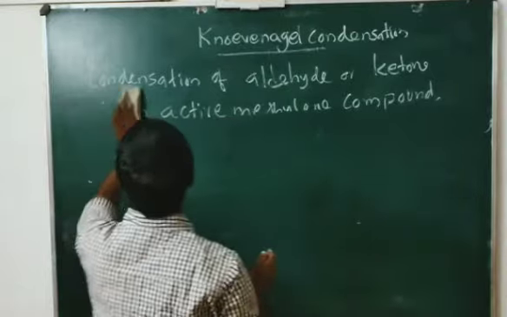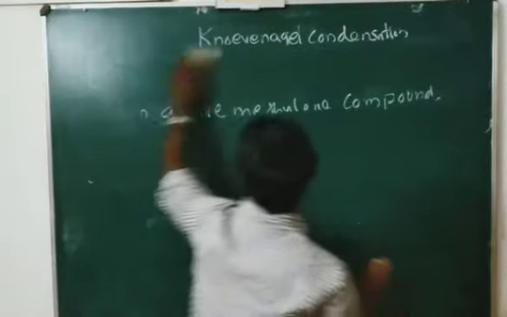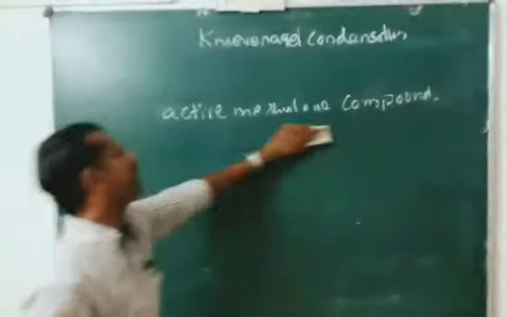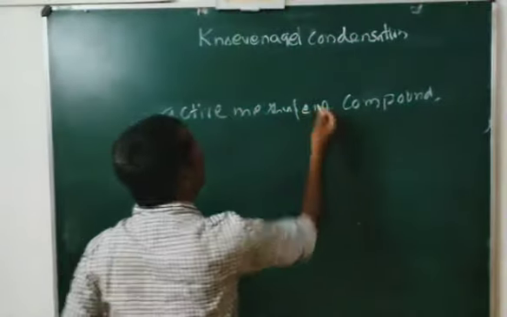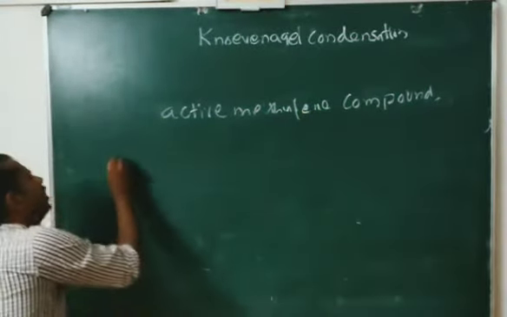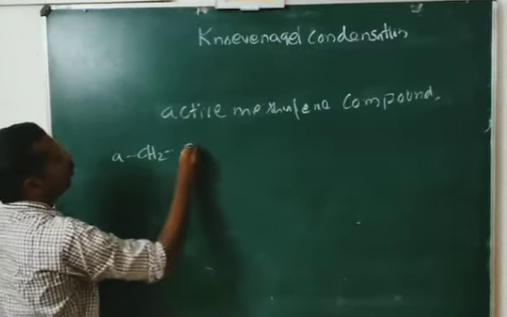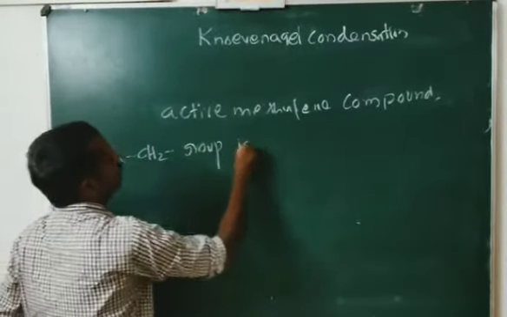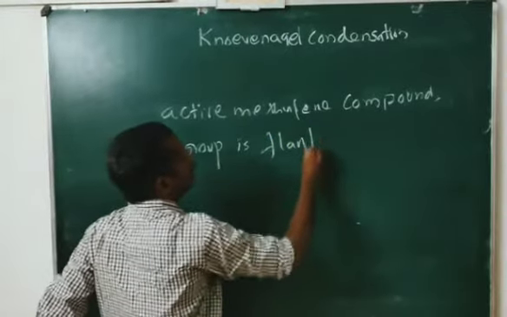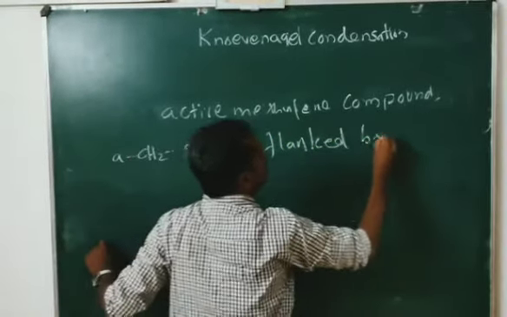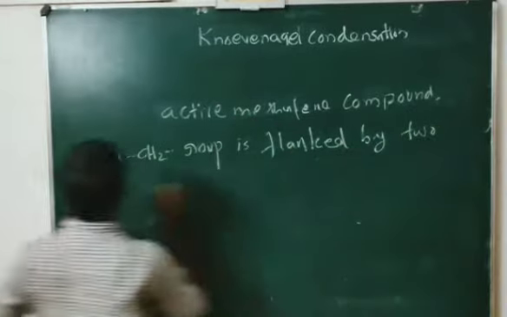In active methylene compound, we can see that a CH2 group is flanked by two electron withdrawing groups.